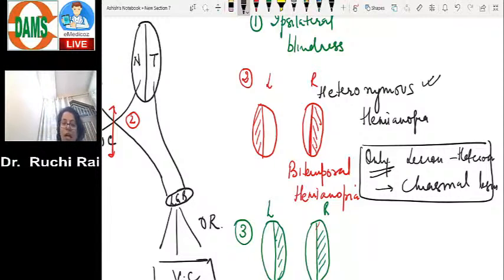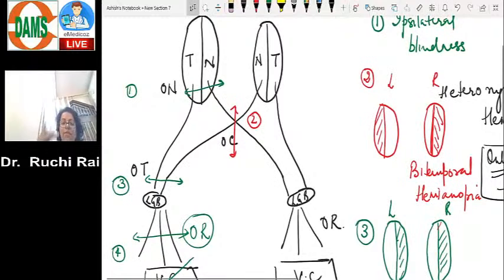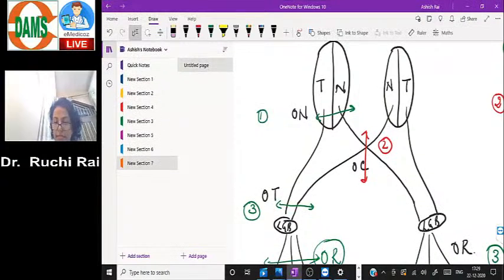Right. Now coming to a little more about each of them, making it a little more interesting for you all. So we will see a few slides more. We start with chiasma, correct? Once you have understood about chiasma, that if there is an exactly central lesion at the decussation of the nasal fibers, we get bitemporal hemianopia.